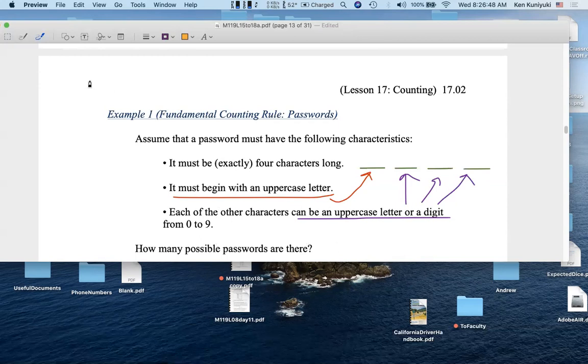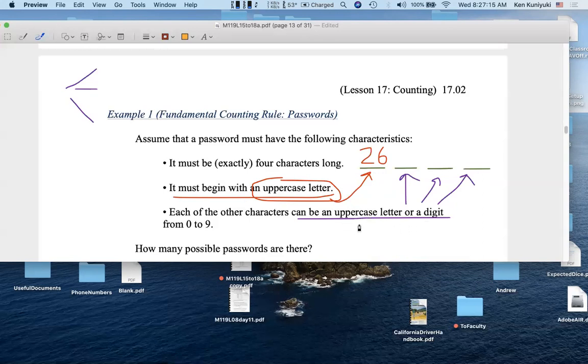Well, we can think of a big bushy possibility tree here. How many possibilities are there for the first character? Well, how many possible uppercase letters are there? There are 26 in the English language. Now for these other 3 positions, regardless of what happens here, how many possibilities are there for an uppercase letter or a digit?